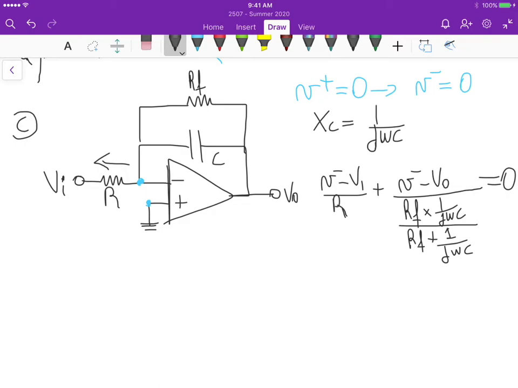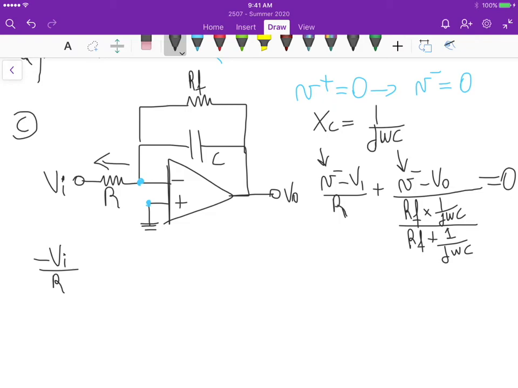So if we manipulate this equation, we get, first, minus VI over R, this is for the first term. Then we know that V minus is equal to 0, so this one here becomes 0, right? This one here becomes 0.